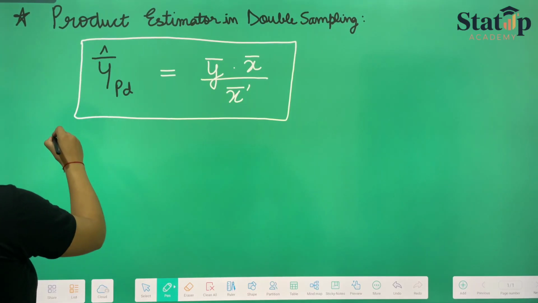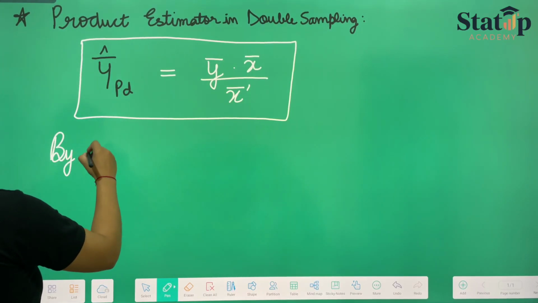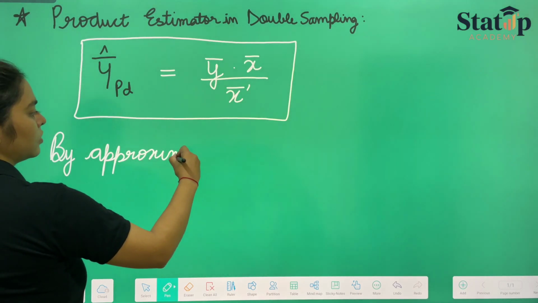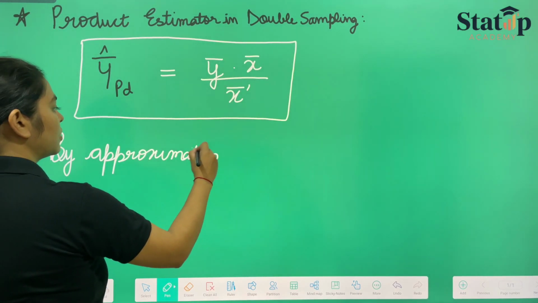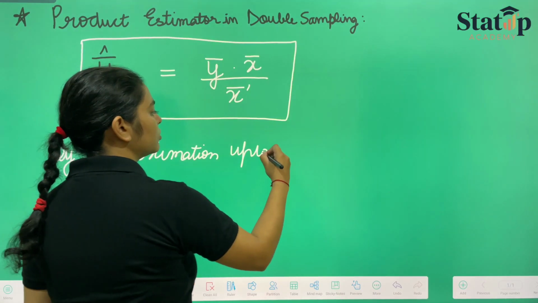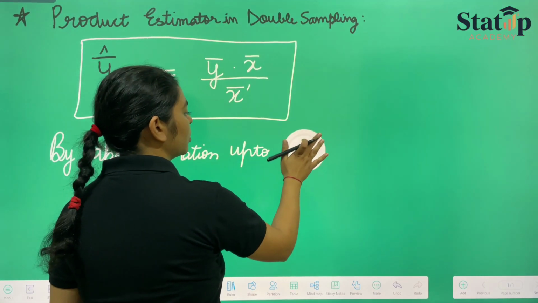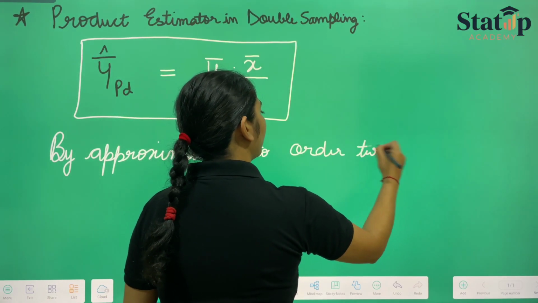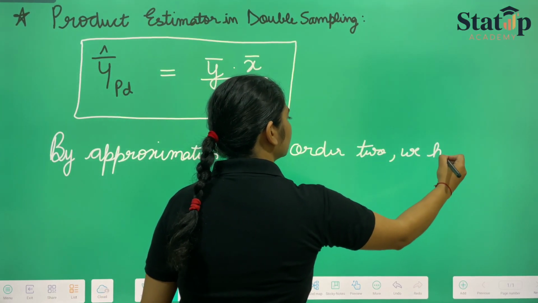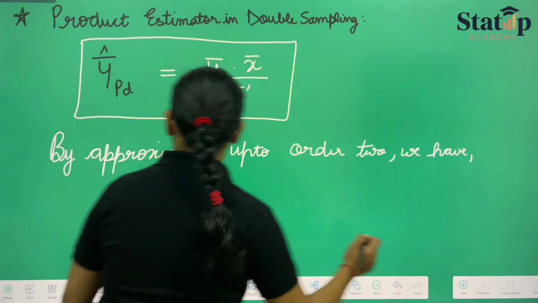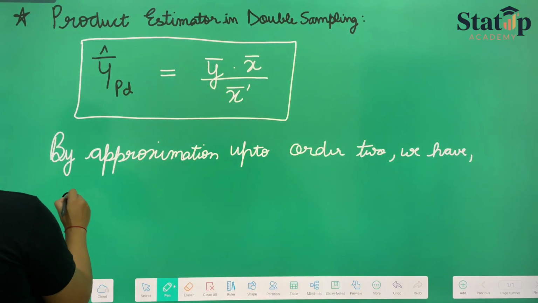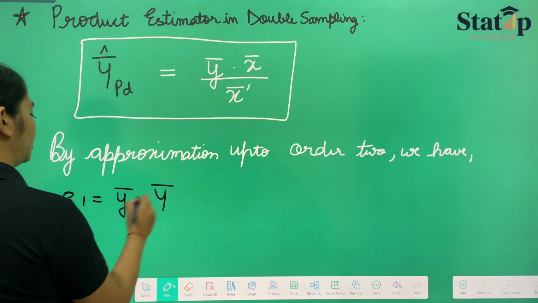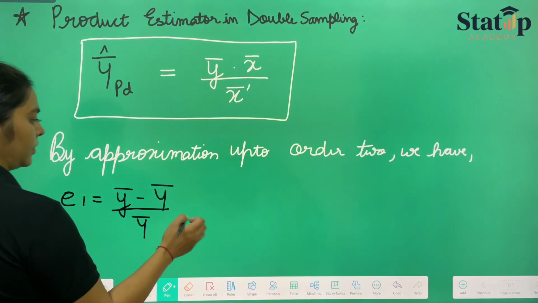Now, by the approximation up to order 2, we have E1 equals Y bar minus capital Y bar upon capital Y bar.